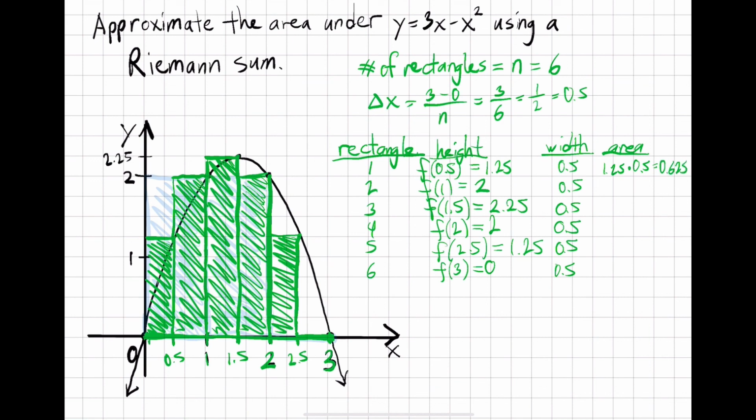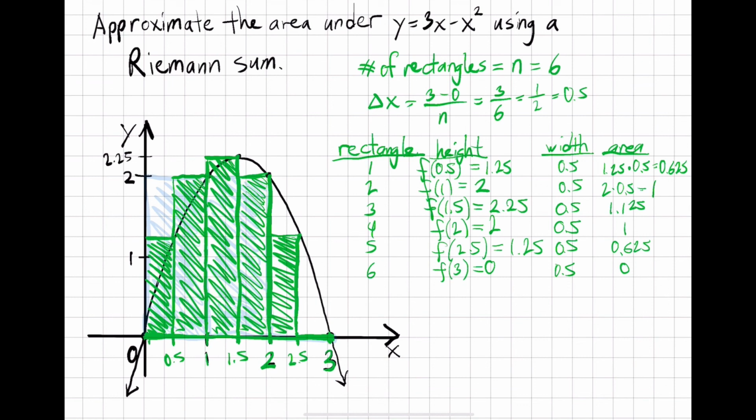Okay, 2 times 0.5 is 1. 2.25 times 0.5 is 1.125. 2 times 0.5 is again 1. 1.25 times 0.5 is 0.625. And 0 times 0.5 is 0. We've found the areas of all 6 of our rectangles, and our last step is going to be to add them together.